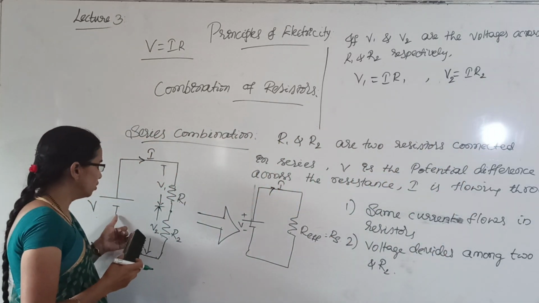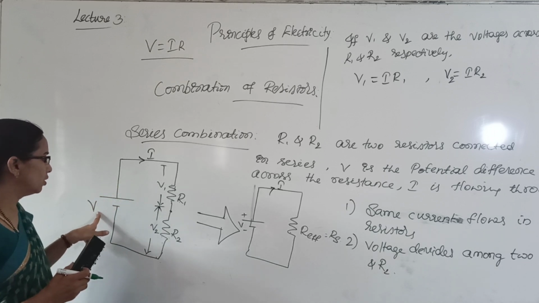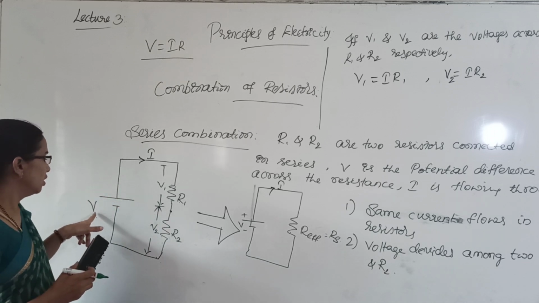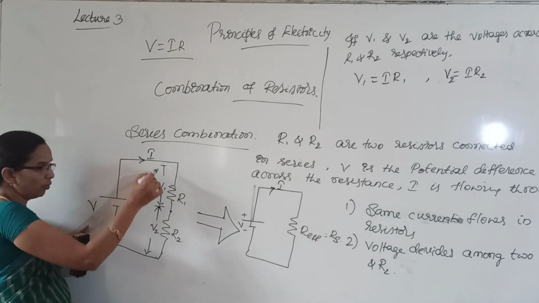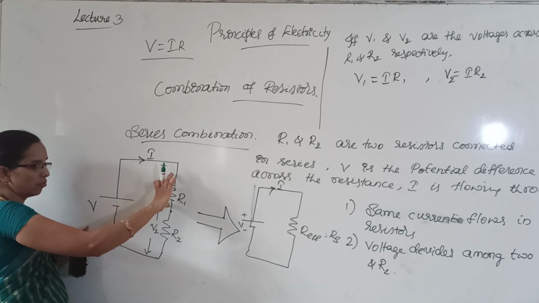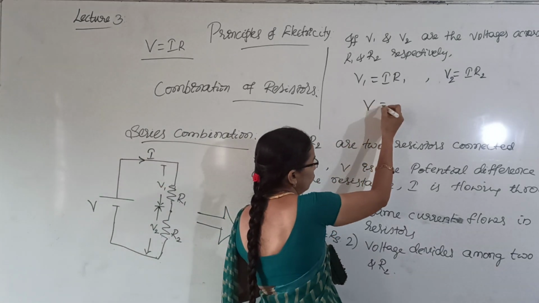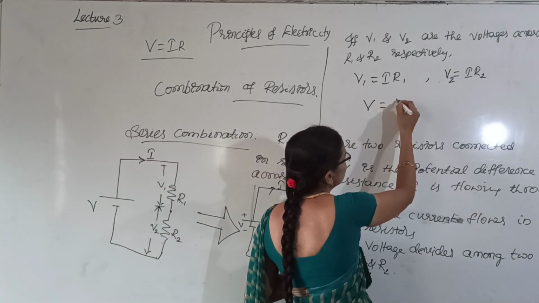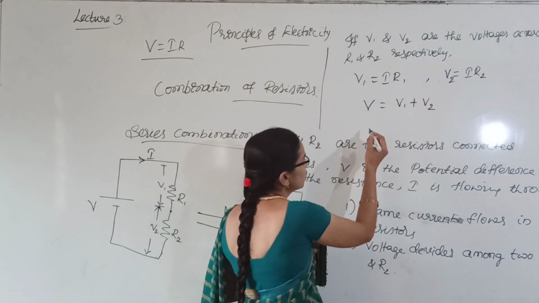Okay, so the applied voltage should be equal to the sum of voltages across R1 and R2. So V is equal to V1 plus V2.